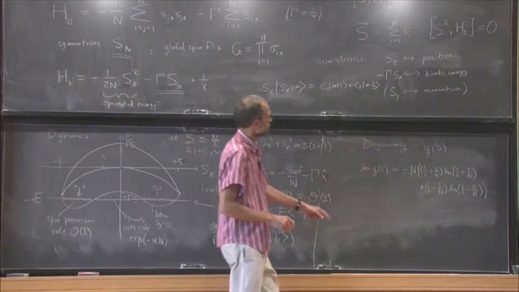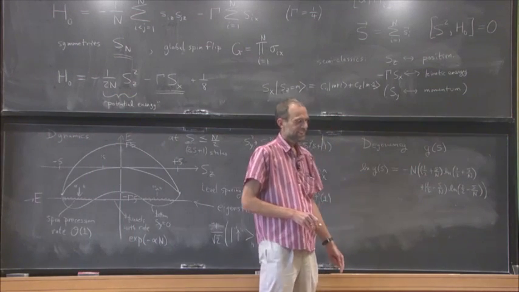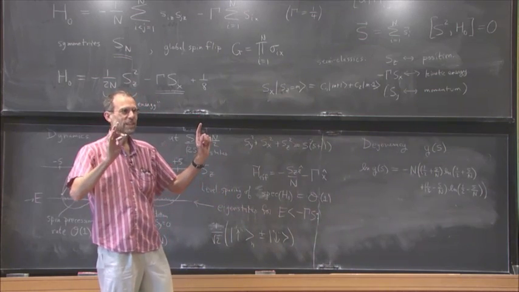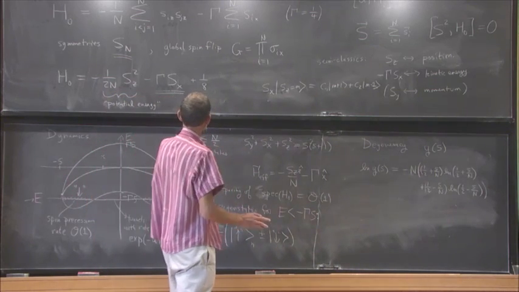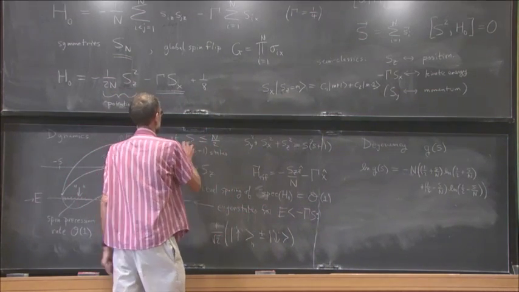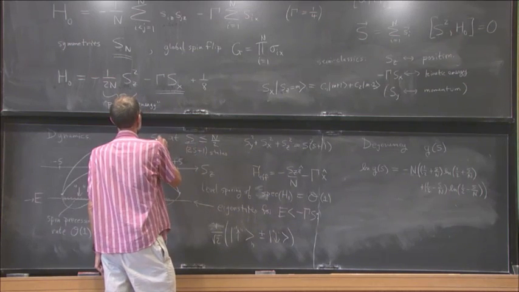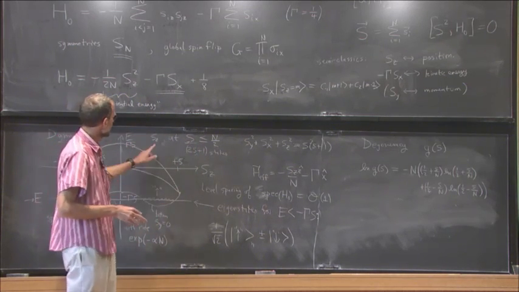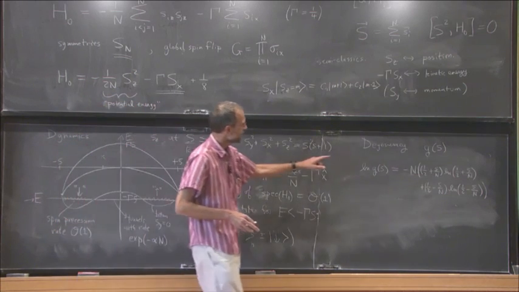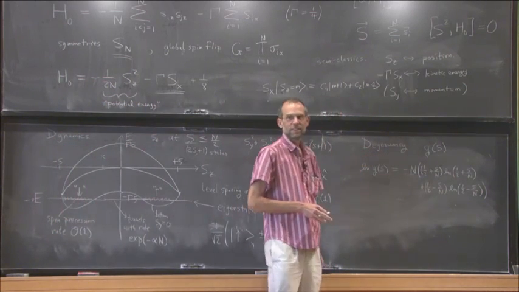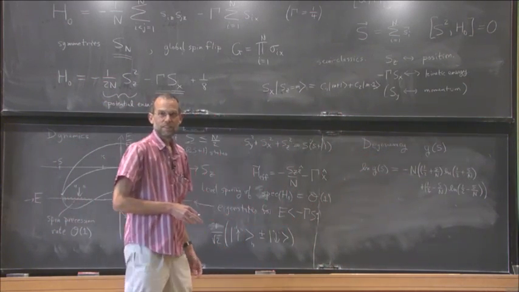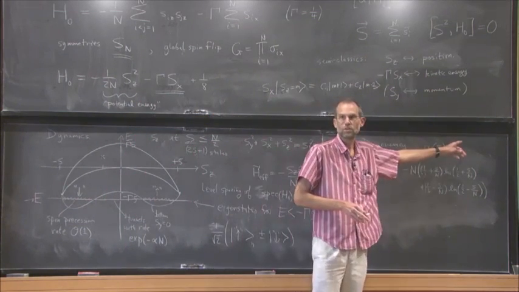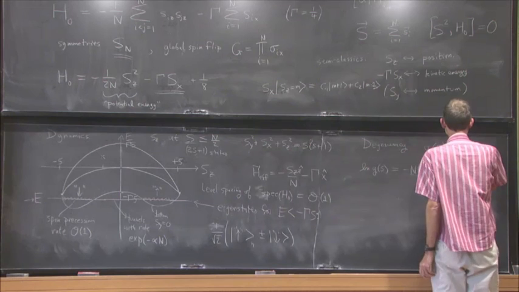So if I have n spin-1/2s, and I want to add them up to make total spin S, say with fixed S_z, a particular value, G of S is just written in terms of binomials. Yes, I could write out an explicit formula of G of S in terms of the binomials. Let me do that, if you want me to.